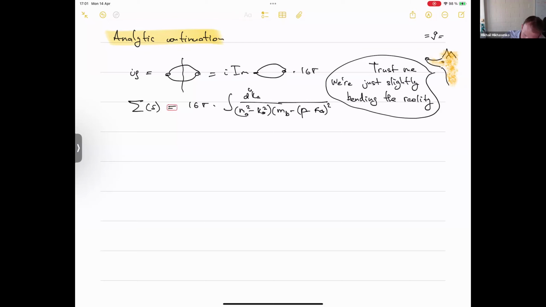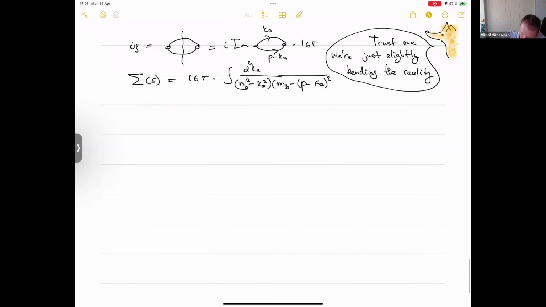Bubble diagram, two propagators. Here I have a k_a, this is mass A, and here I have P minus k_a, and then P squared gives me S.